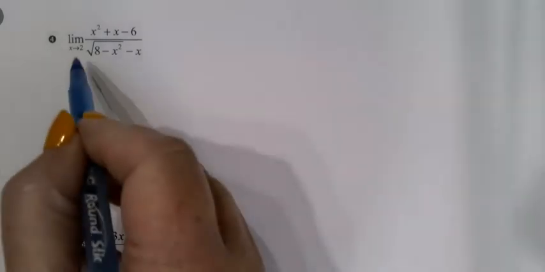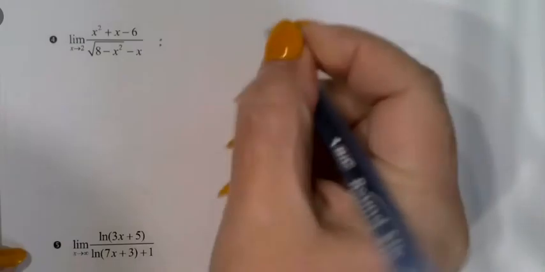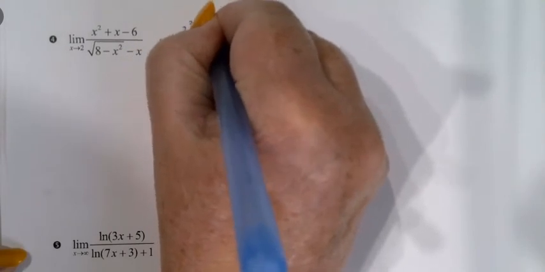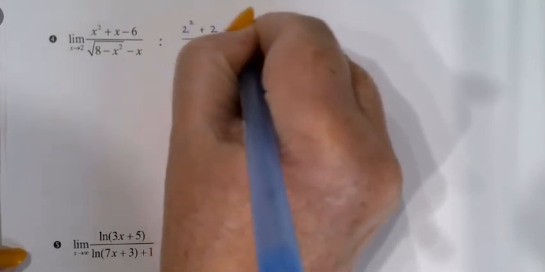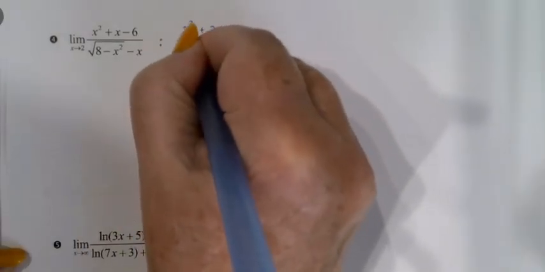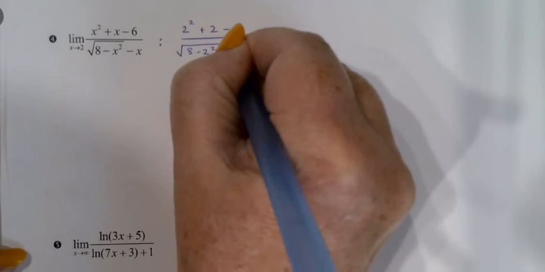On number 4 here, I've got this big, relatively complicated fraction, and I'm taking the limit as x goes to 2. If I try to plug in the 2, I'd have 2 squared plus 2 minus 6 over the square root of 8 minus 2 squared minus 2.